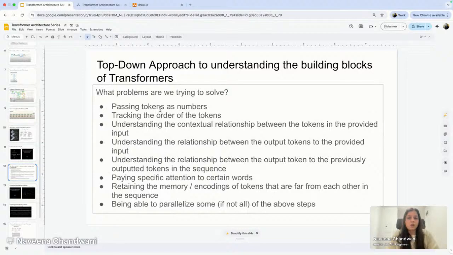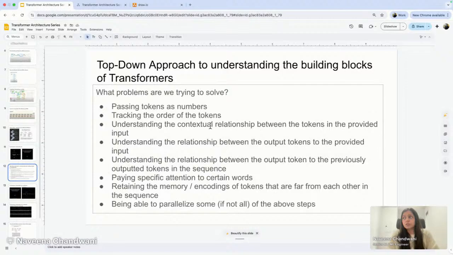Words or subwords are referred to as tokens. You would want to represent tokens as numbers because machines understand only numbers. Secondly, you would want to track the order of the tokens, because now we are seeing issues with the sequential pattern, and so we're planning to get away with it.